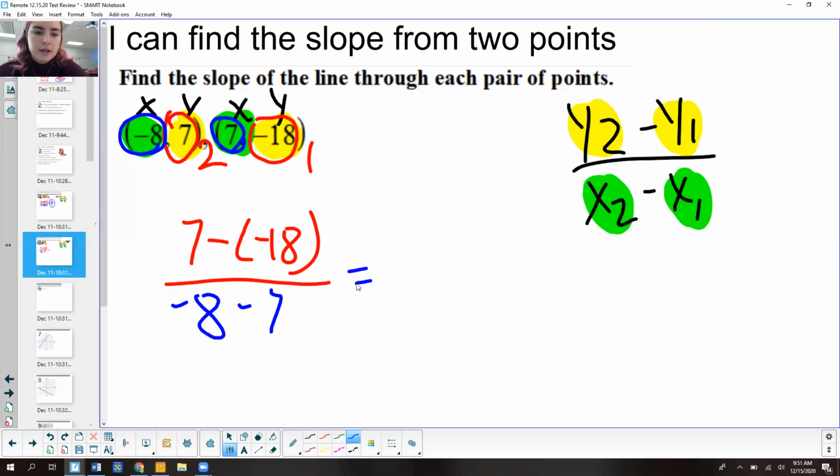I just want you guys to make sure you're asking questions if you have them. All right, so go ahead and enter the slope once you get it.